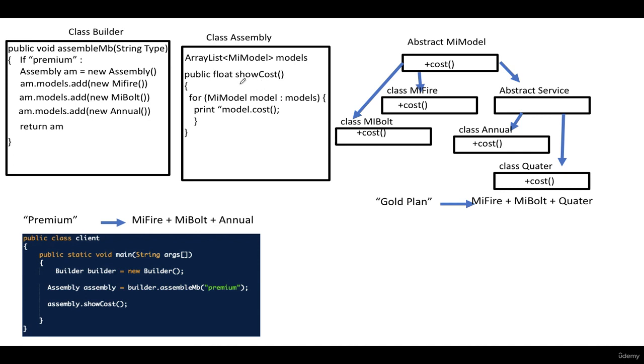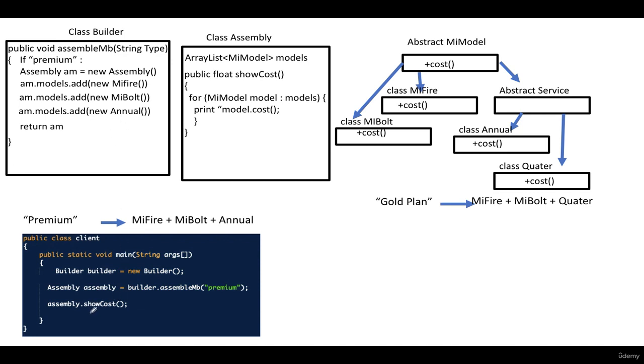So what is the responsibility of the showCost method? Basically, when the user requests the premium purchase plan, we create the instances of MI Fire, Bolt and annual servicing and return that instance of the Assembly class. Now we need to provide the complete cost to the client.